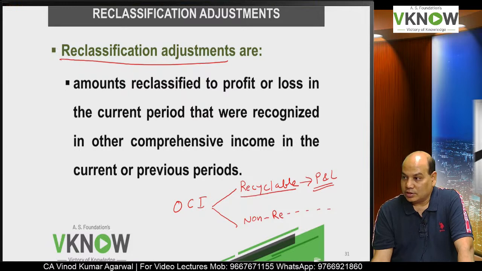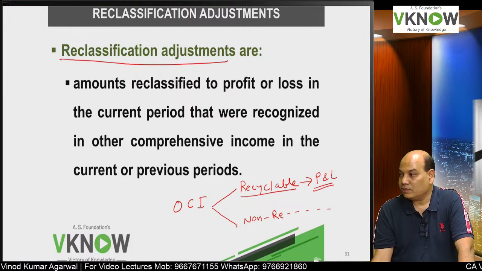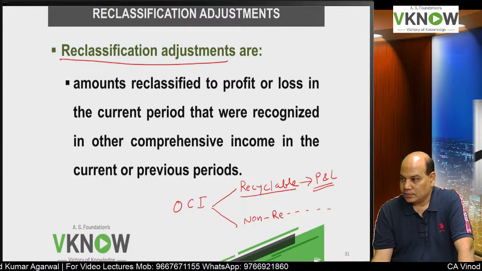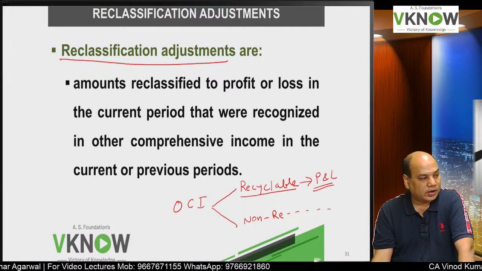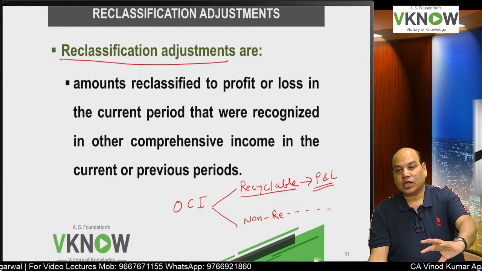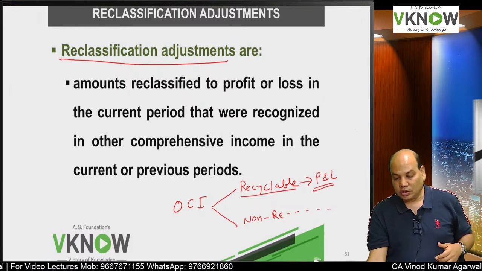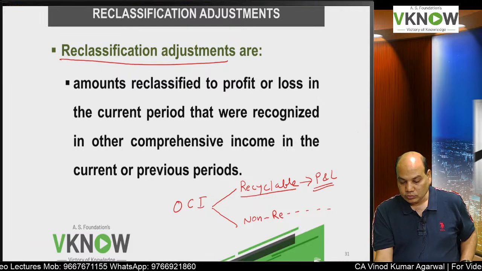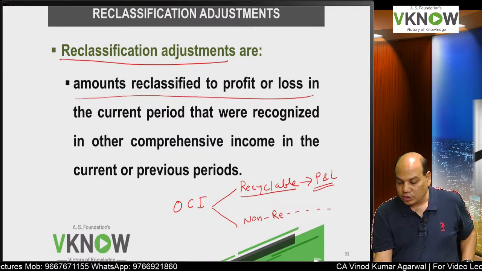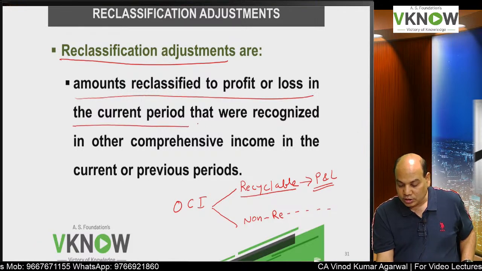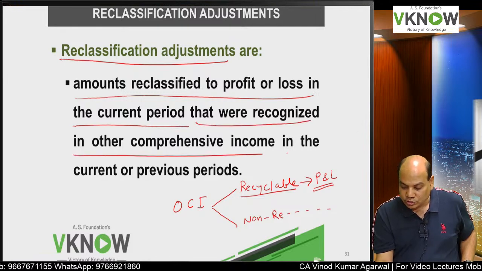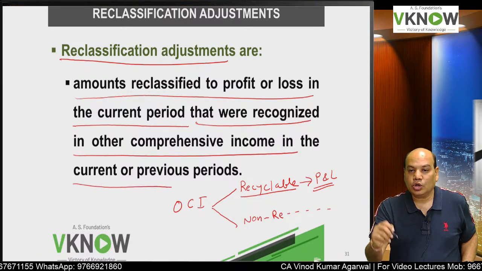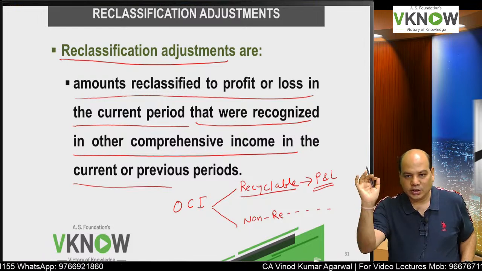That is recyclable. Then fair value gain or loss on debt instruments classified as FVT OCI. Those can later be transferred to the P&L account, and that is called reclassification adjustment. So these are the amounts reclassified to profit or loss in the current period that were recognized in OCI in the current or previous period.